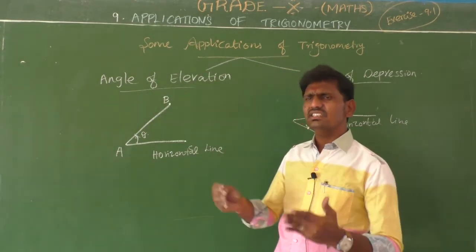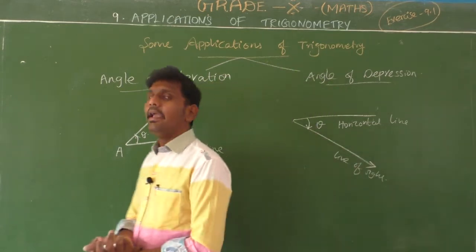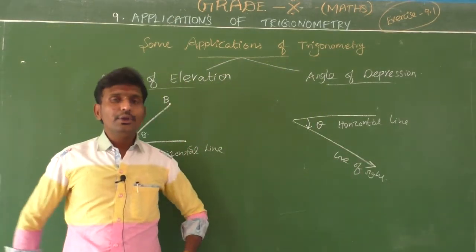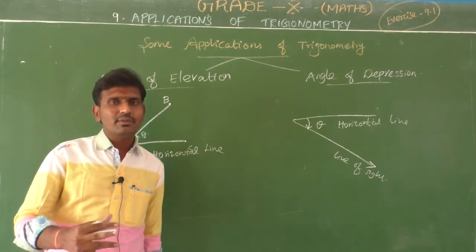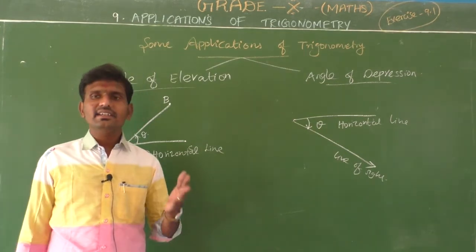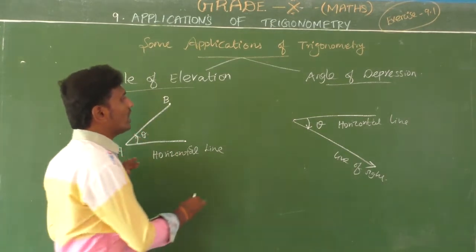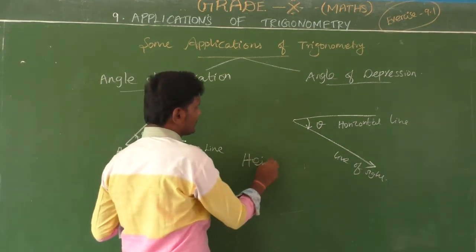So using the angle of depression and angle of elevation, we are going to find the height of a building and other heights. The main thing we are going to see is height and distance.